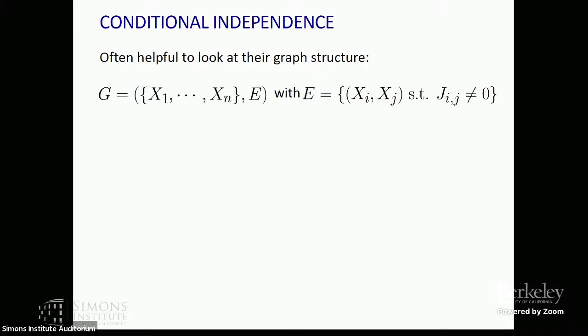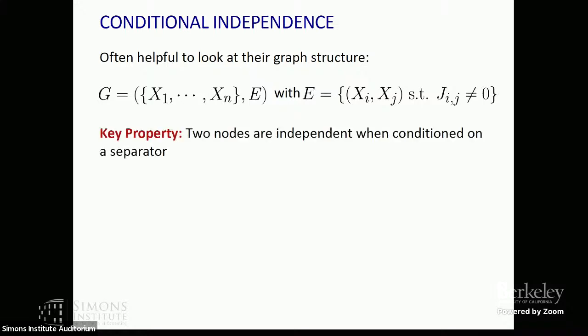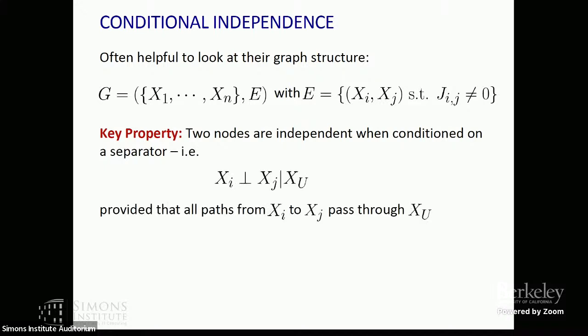And then we add edges for every pair of variables for which the corresponding entry in the interaction matrix is non-zero. So if these two variables have some sort of affinity where they want to agree, or there's some sort of disagreement. And the important thing is that all of these familiar graph theoretic notions of separation turn into notions of conditional independence of the associated distribution.